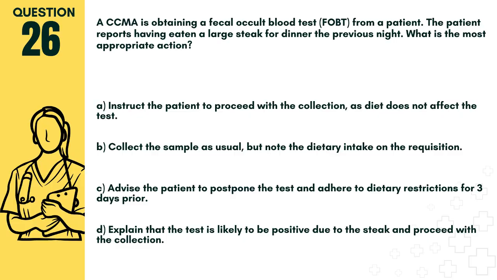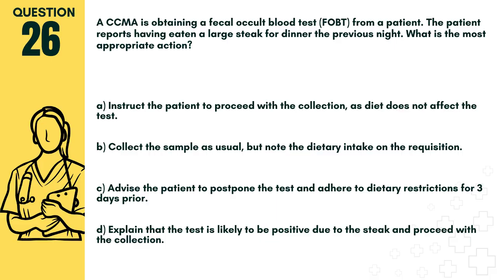Question 26. A CCMA is obtaining a fecal occult blood test, FOBT, from a patient. The patient reports having eaten a large steak for dinner the previous night. What is the most appropriate action? A. Instruct the patient to proceed with the collection, as diet does not affect the test.